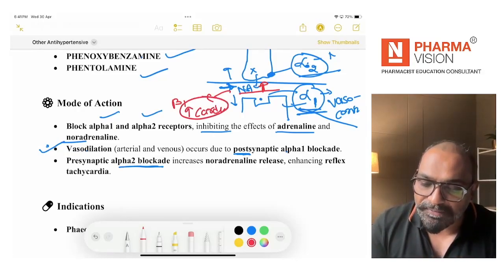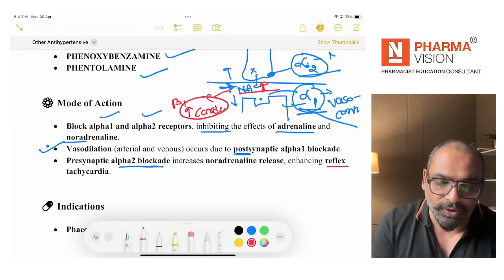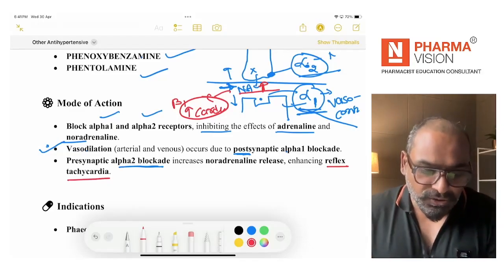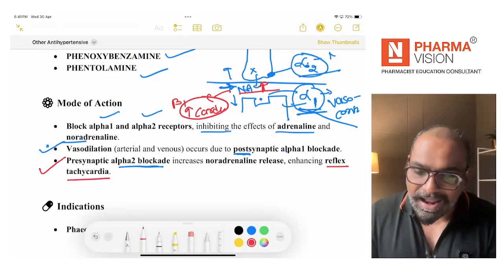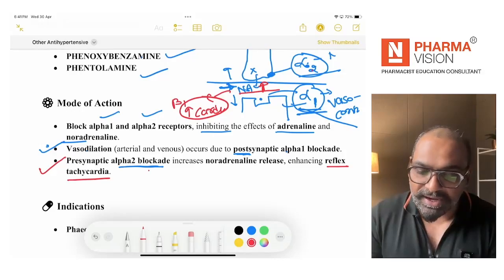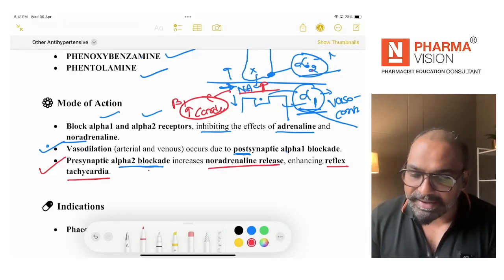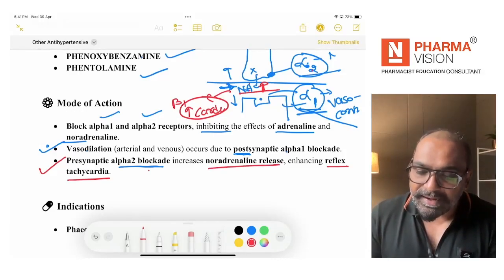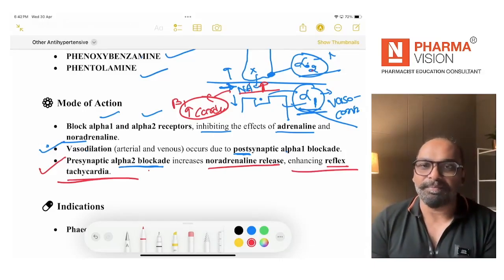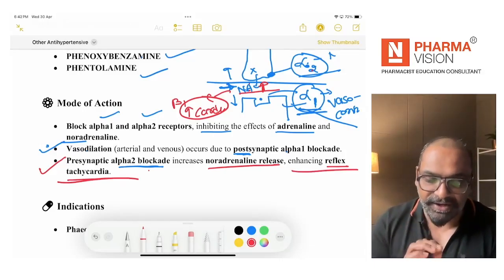That is called the reflex, tachycardia. Okay, so presynaptic alpha 2 receptor blockage increases noradrenaline release, and due to that enhances the tachycardia. Perfect. This is very interesting.